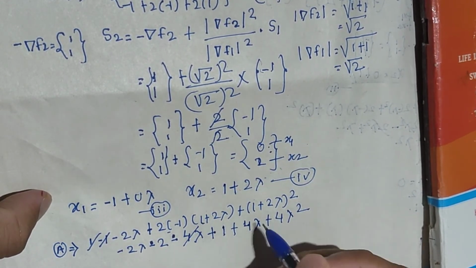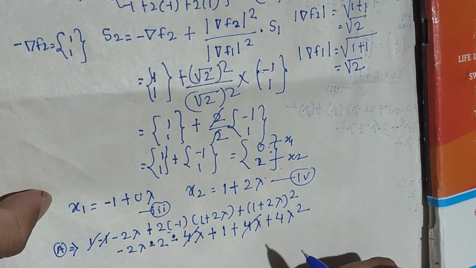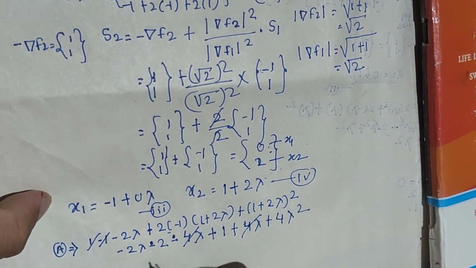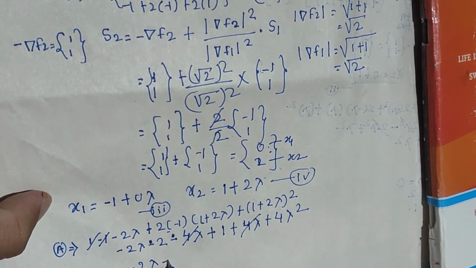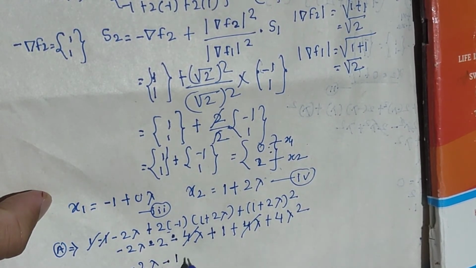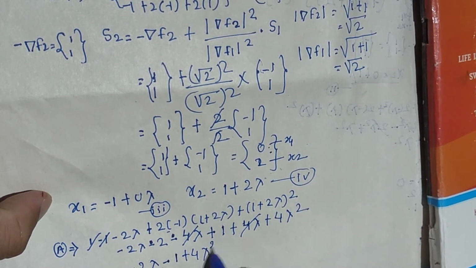So minus lambda plus lambda is going to cancel, and then minus 2 lambda minus 1 plus 4 lambda squared.